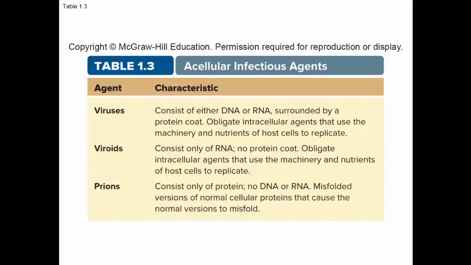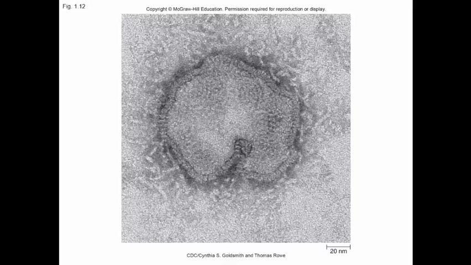Now we're up to viruses, viroids, and prions. Here is an example, and you see it in your textbook, of, I believe, an influenza virus. Now, that's interesting. You notice that there's that outer coat, and it's made of proteins. So what happens in the DNA and the RNA is they have to provide that information, the blueprint of making those proteins. There's not a whole heck of a lot of proteins.